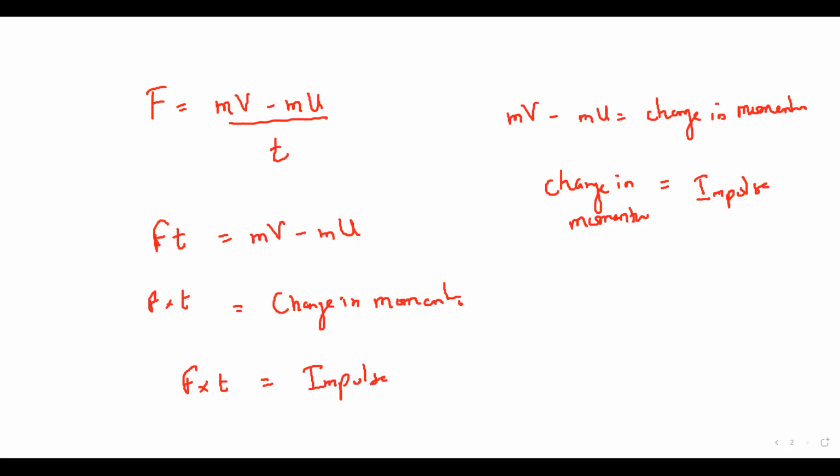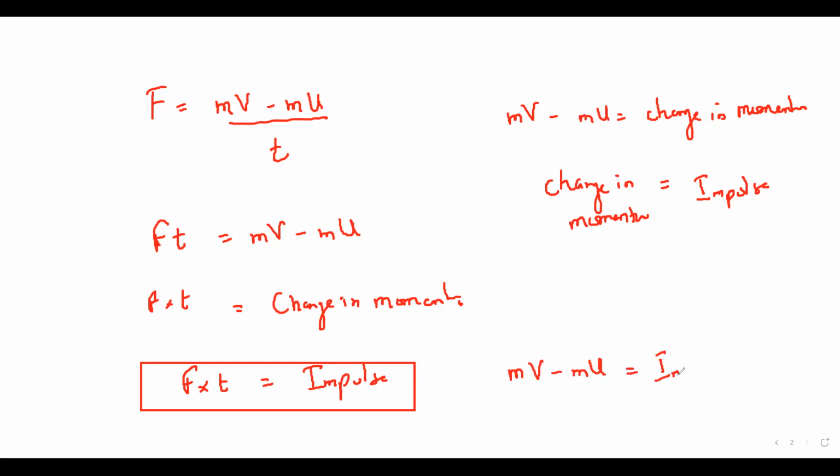Is it clear? The formula for impulse, which refers to change in momentum. So if you want to calculate impulse when force and time are given, that is force multiplied by time. Or impulse is a change in momentum, so it can be mv minus mu, that is also impulse.